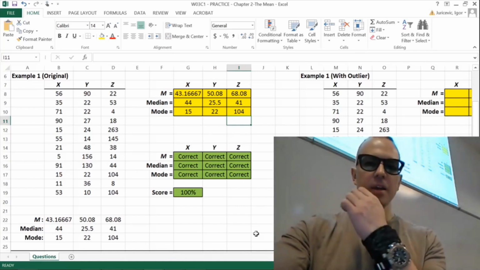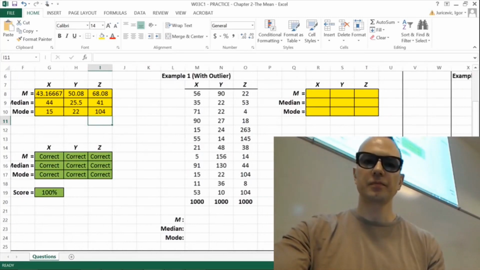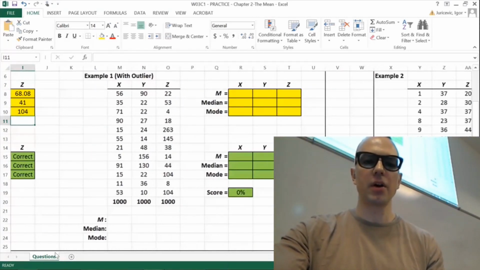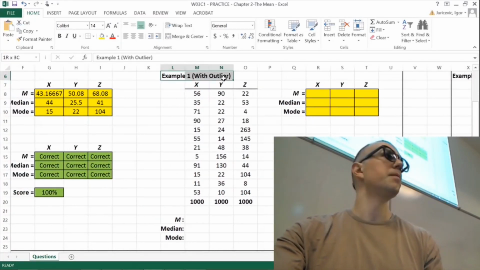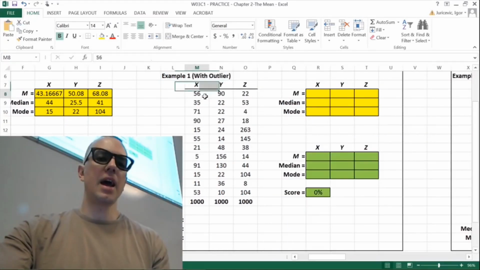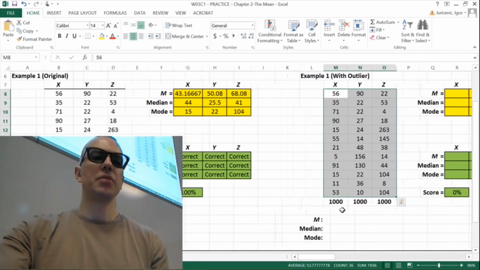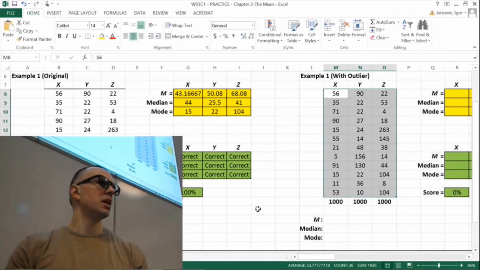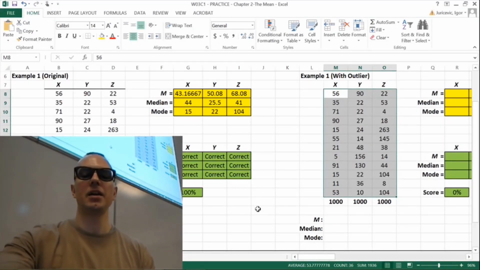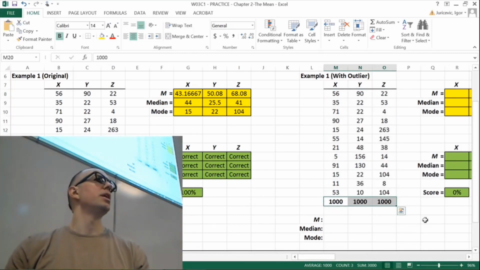Okay. So what we're going to do now is we're going to do question number 1, part 2. And for this one, we're going to take a look at what happens when you get an outlier in your data. So we have the exact same scores that we had before, but let's say that now we added a 13th subject, and subject 13 came in and just annihilated every single test that we gave this subject.